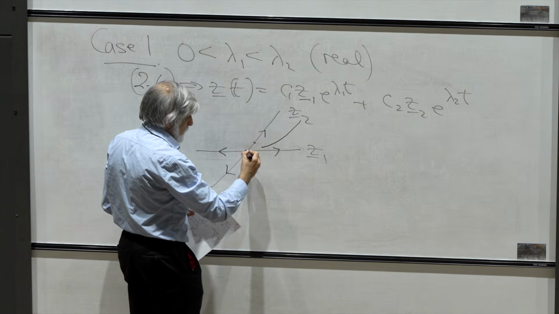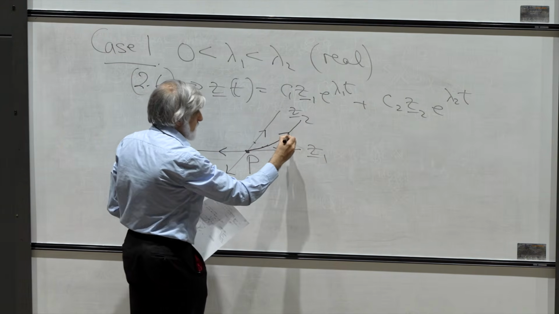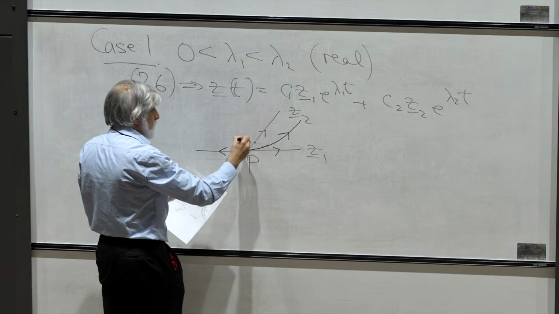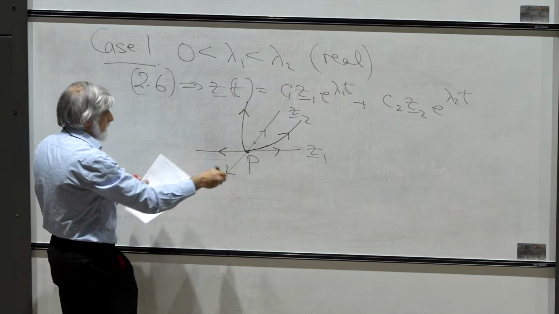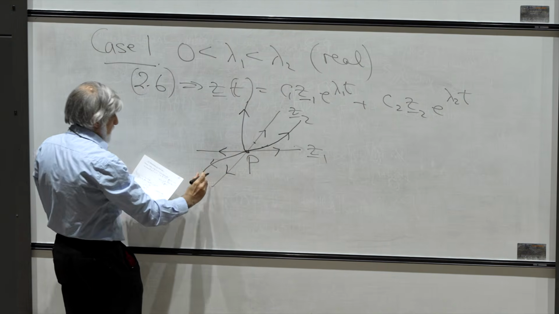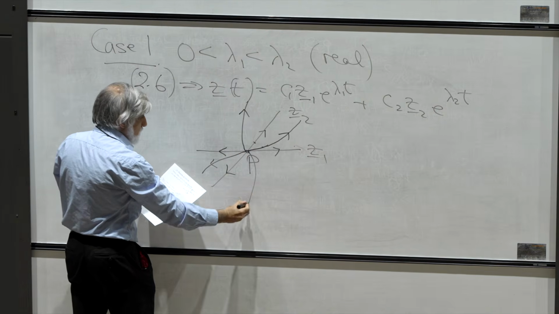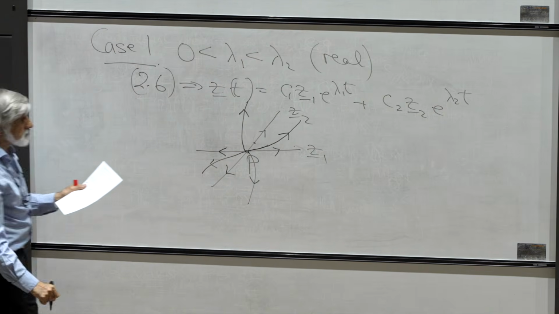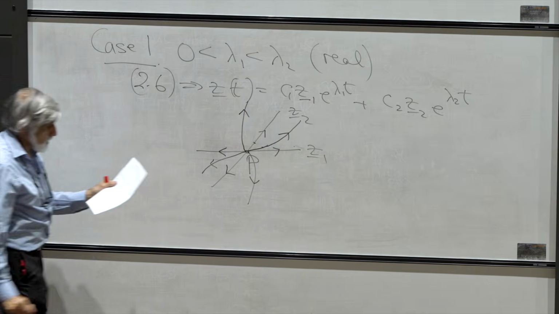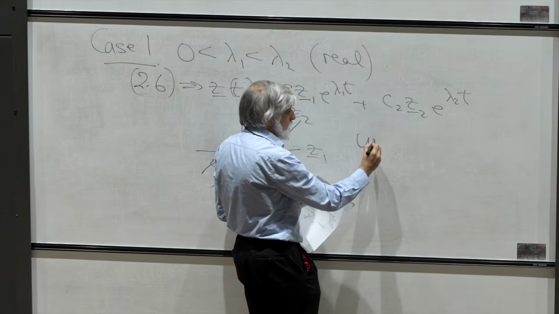And so it goes like that, and here it will go like that, and here like that, and here like that. And that's called an unstable node.